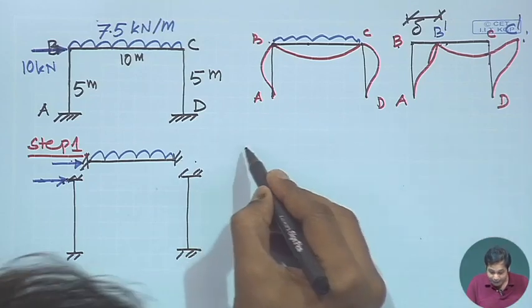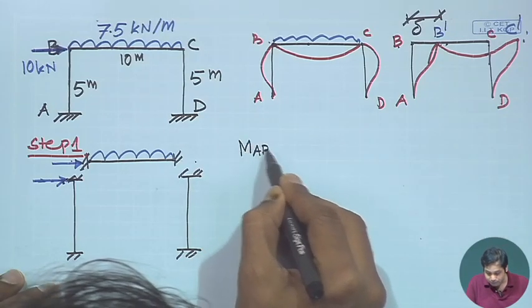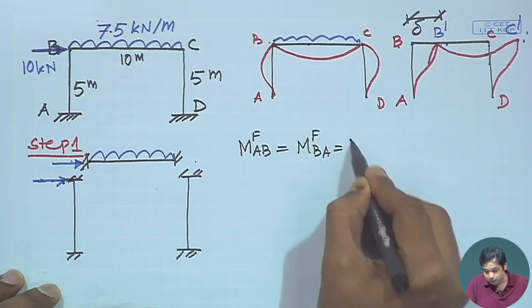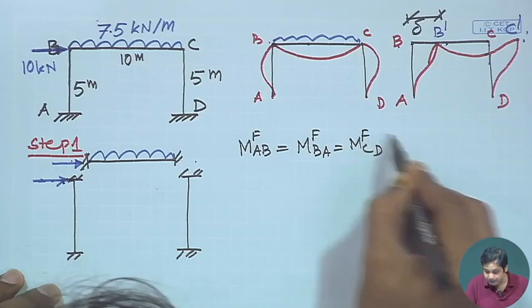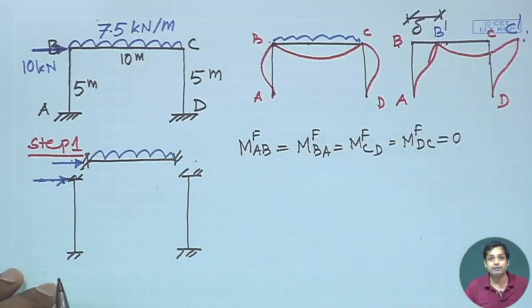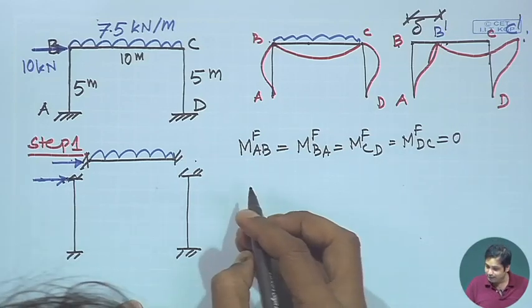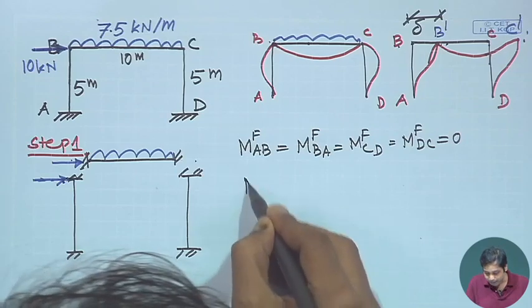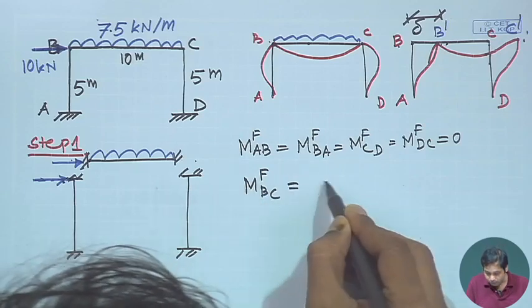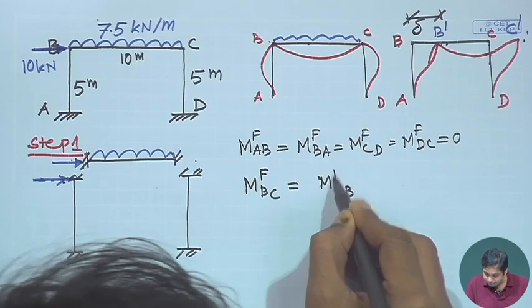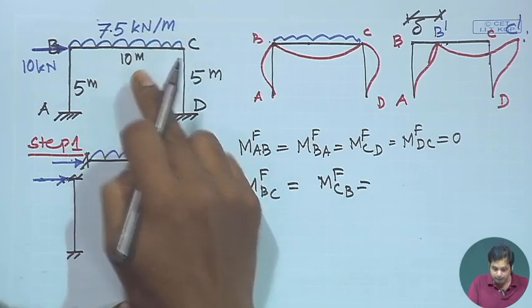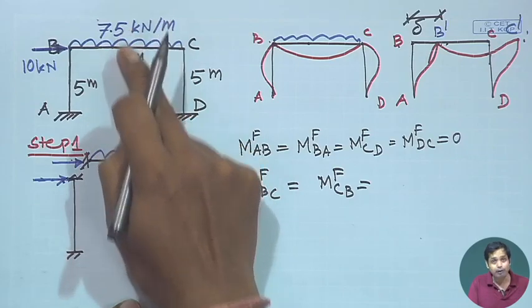The fixed end moments: MAB fixed end is equal to MBA fixed end is equal to MCD fixed end is equal to MDC fixed end, they all will be 0. And then what is MBC? MBC fixed end moment is equal to minus MCB fixed end moment, which is equal to wL squared by 12, and w is 7.5, L is 10.